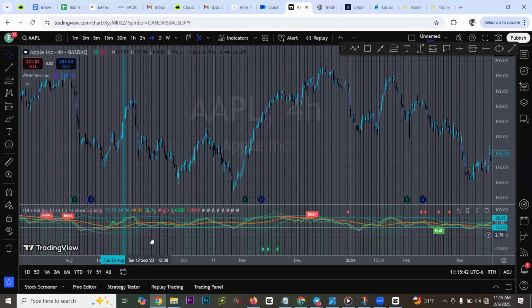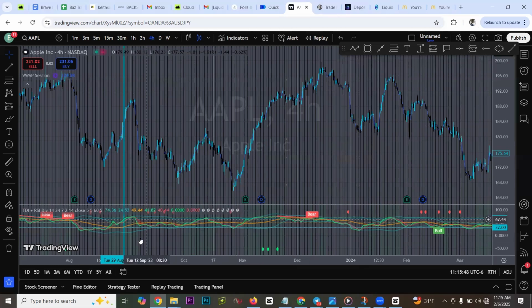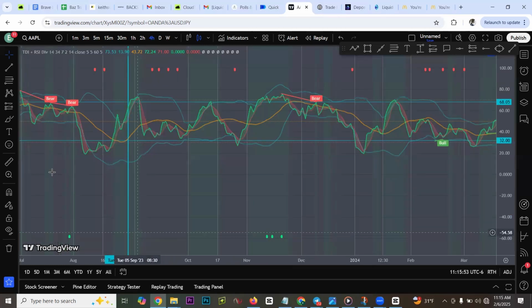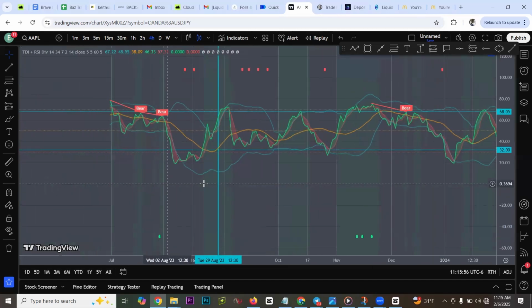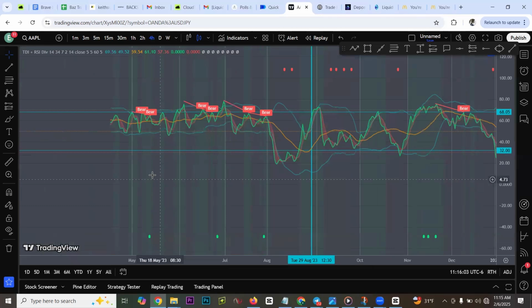Let's go to a place where the orange line was above the 68 and then broke back below the 68. So we can see it here. Well, this kind of tapped on the 68. It didn't quite break above it.